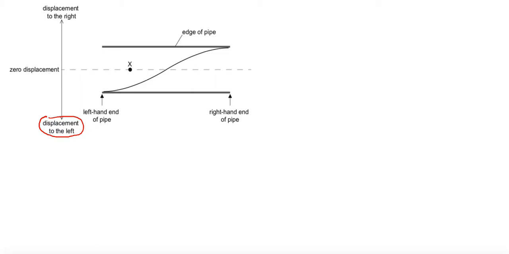Why? Because the position of displacement is negative. So in one complete cycle, x will be displaced from left to right and from right to left. Remember this is a longitudinal wave, so the vibrations are along the pipe. This is only a representation of displacement. This is not the real displacement of x.